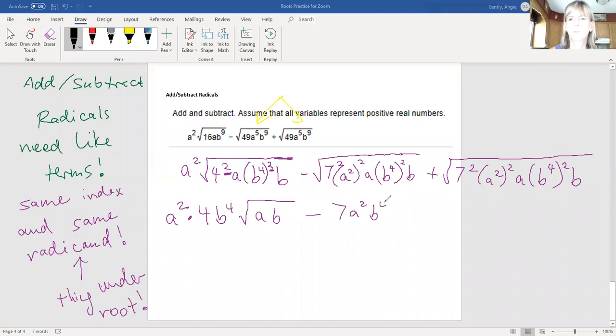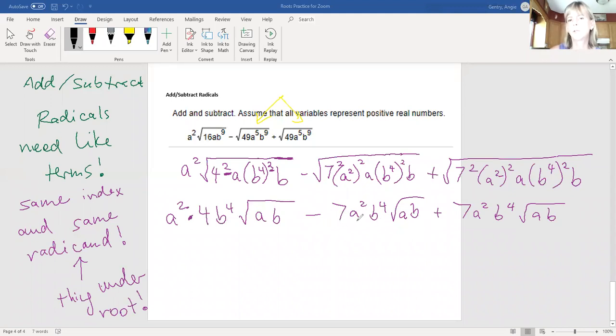B to the 4th comes out. AB. And then usually, for the first one, you would call it 4A squared B to the 4th, because you can rearrange it, it's multiplication. But I don't want to waste my time too much here.